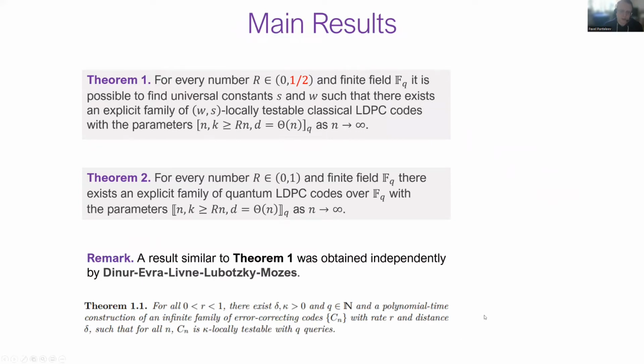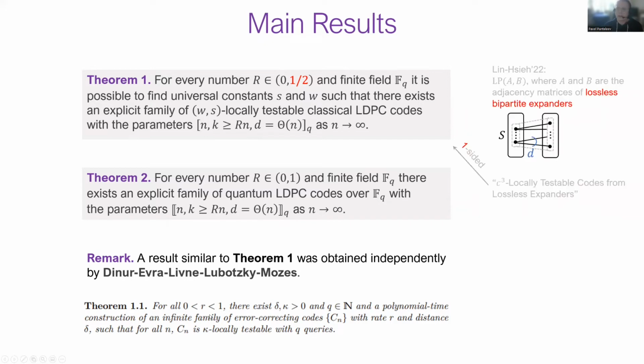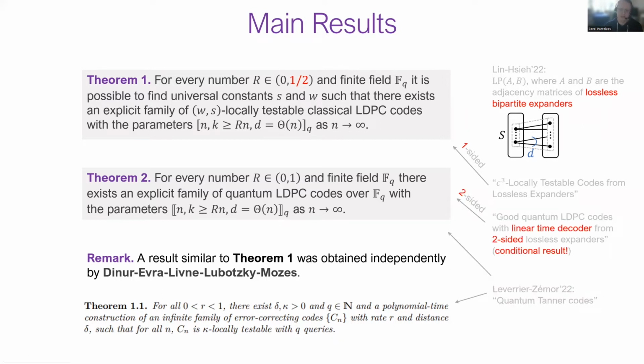And I should also say that results similar to our theorem one were also independently obtained by Dinur, Evra, Livne, Lubotsky, and Mozes, and the result is a little bit stronger, since they obtain codes with rate arbitrarily close to 1. And I should also mention some very recent work that also shows that it is possible to use lossless bipartite expanders to obtain locally testable codes, and some other interesting constructions that possibly can even give you quantum LDPC codes with linear time decoder.